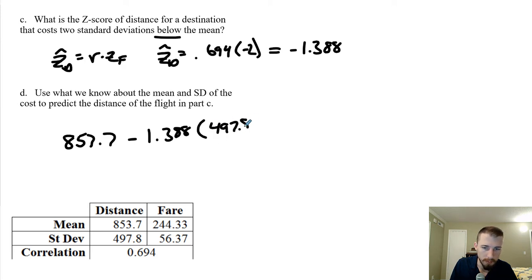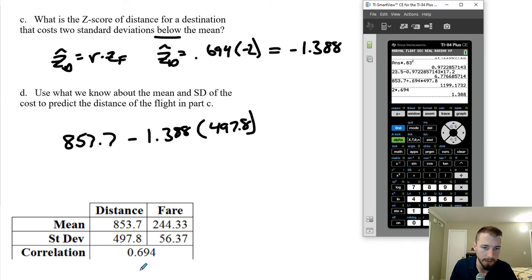Okay, so then we can plug that into the calculator, which looks very, very similar to this one, except a few changes. So that times 1.388 multiplied by the standard deviation. All right, there we go. So we're predicting the distance to be 162.8 miles. We'll do that.